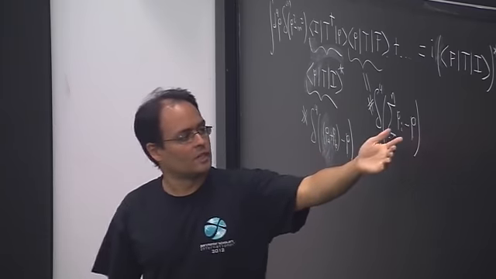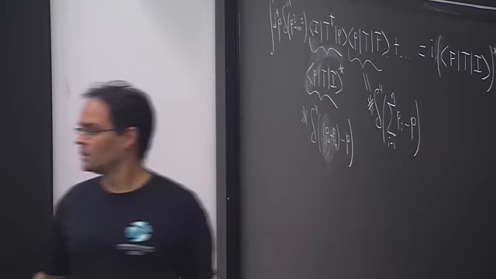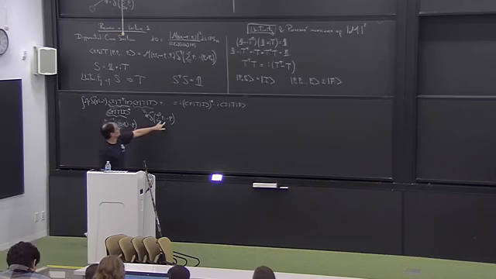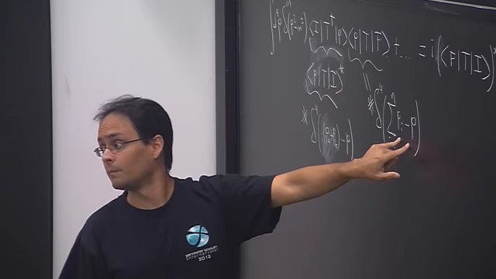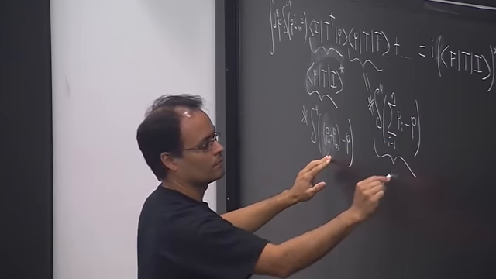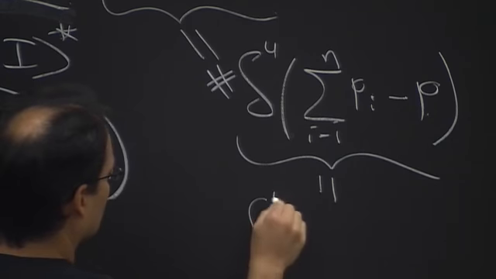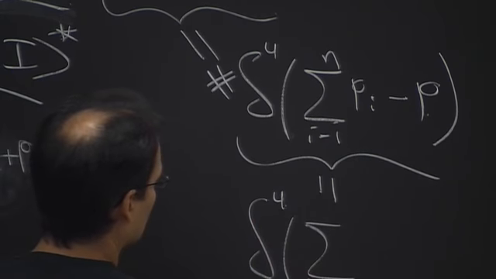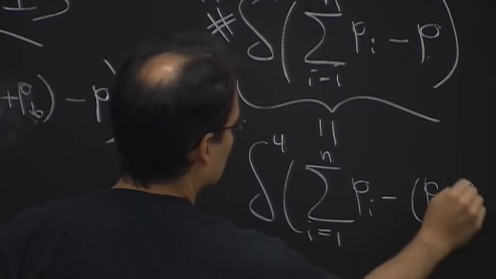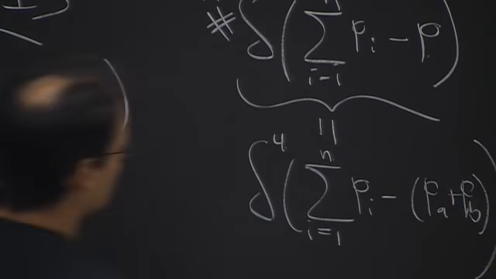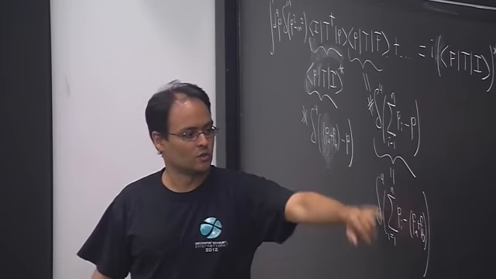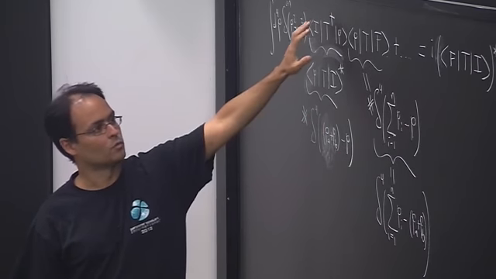If I combine these two delta functions, what do I get? Say, if I use on the support of this one, what does this one become? Very good. So on the support of that, this becomes the sum over i from 1 to n, pi minus (pa plus pb). Okay? Very good. So I should remember that this is only true on the support of this one because this one is multiplying here.